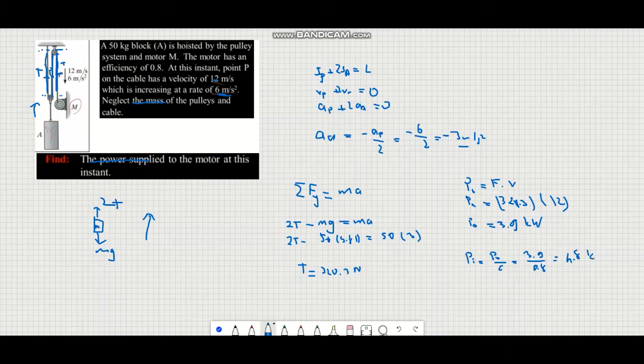So that shows that the motor has to run with a capacity of 4.8 kilowatts, but it delivers to the cable 3.9 kilowatts, which brings this block A upward with 3 meters per second squared.